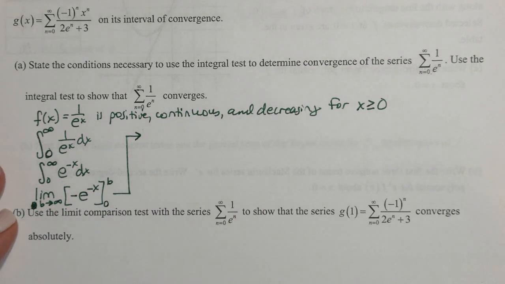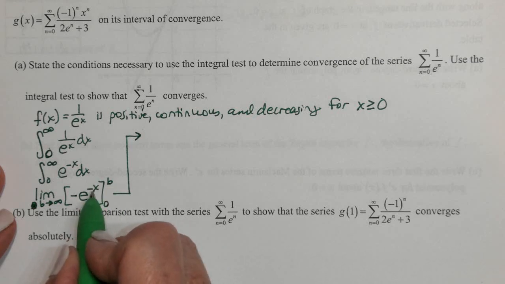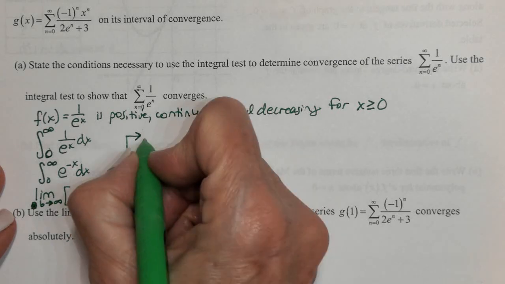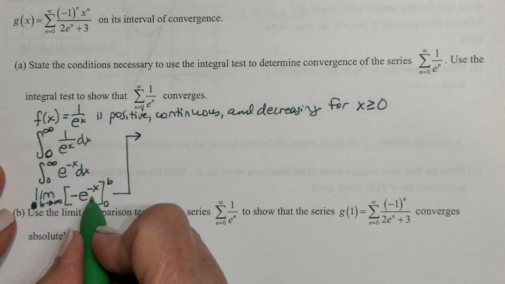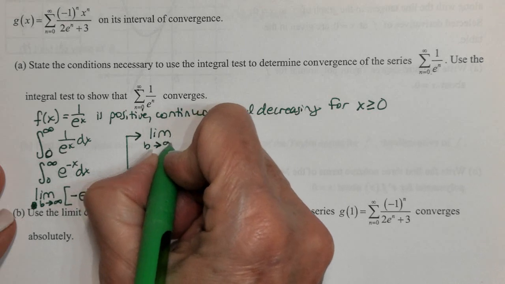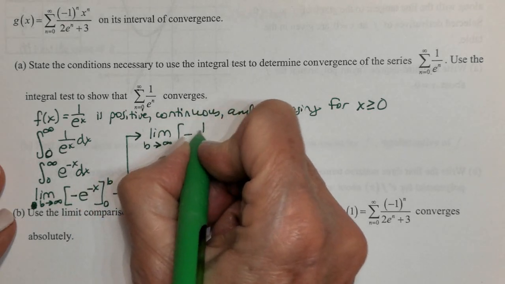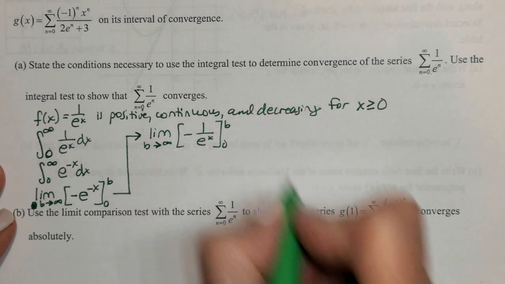Alrighty. Now, I have a negative power. Don't try to put infinity in for a negative. Just go ahead and move it. I'm going to rewrite this back as 1 over e to the x. So this is the limit as b goes to infinity of negative 1 over e to the x from 0 to b.